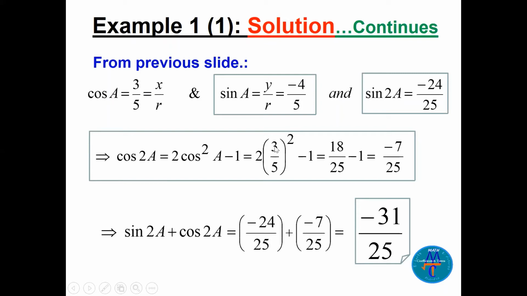It's easier to use the given. So this is 2 times this squared. See, this squared becomes 9 over 25 times 2, that's 18 over 25, minus 1. That's the answer. Now you can add, this is part 1: sine of 2a plus cosine of 2a will be minus 31 over 25.